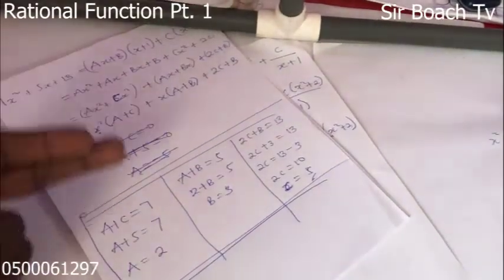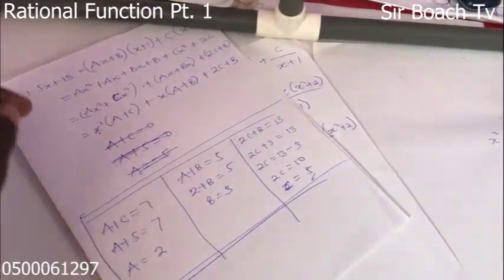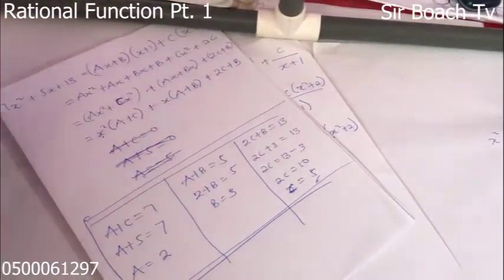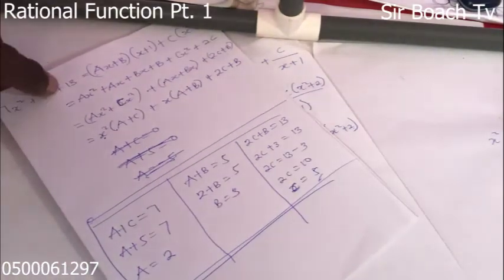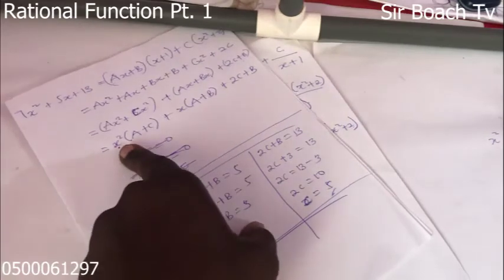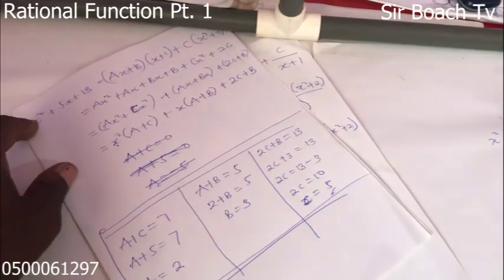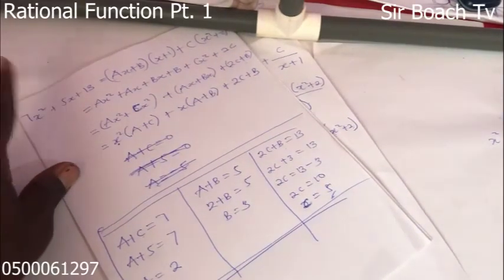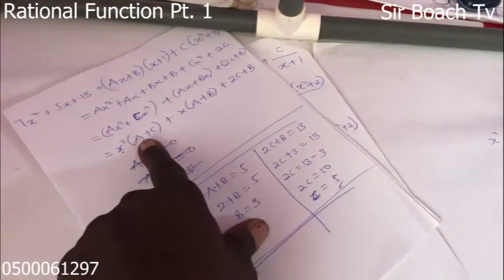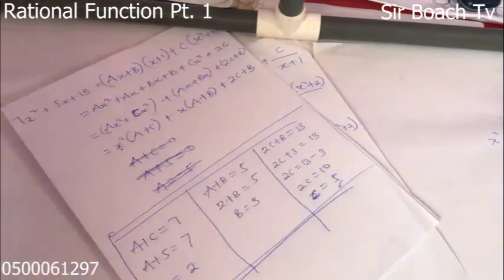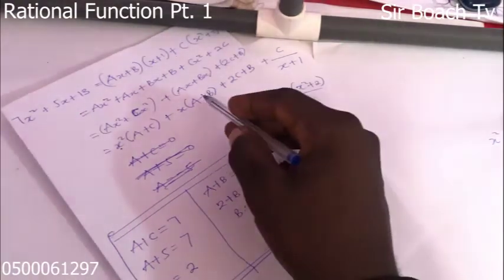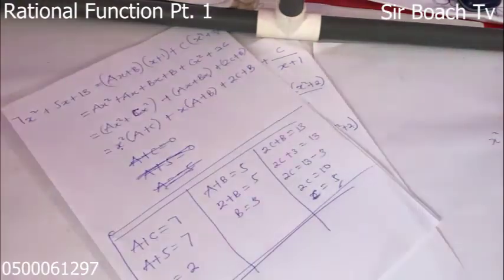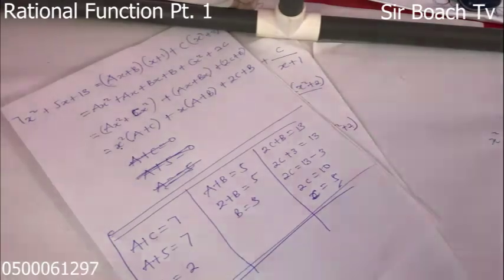So after you've solved this one and you want to know what you equate it to, look at the numerator over here. If it has an s square component, take the coefficient of the s square and equate it to the coefficient over here. If it doesn't have, it means it is 0. If you want this one, you use the same thing, then you get it. Now what's our final answer then?